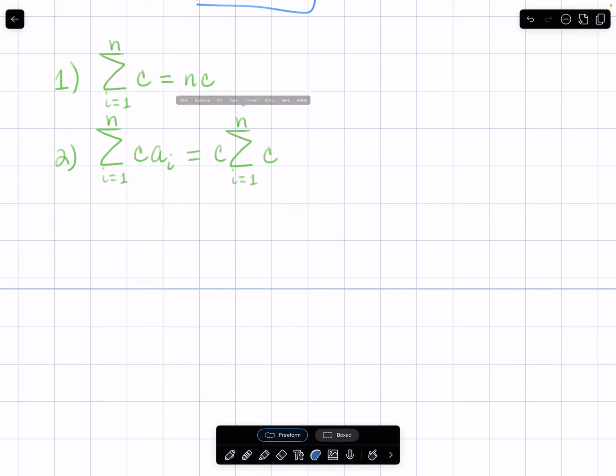We don't need these here, we just need the terms, which will be a sub i. So that's the second property that we're going to memorize.